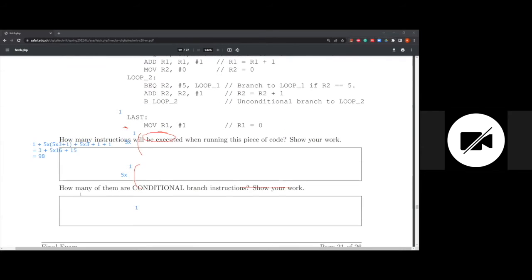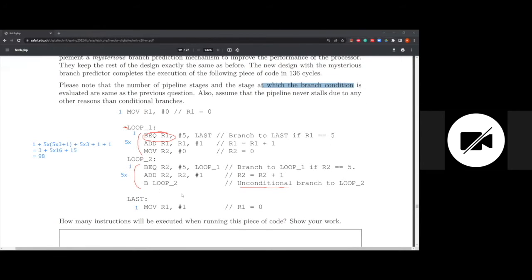If you scroll down to the second question, it says how many of the instructions are conditional branch instructions? Show your work. So calculating that is now much simpler because we know what the program does. Instead of counting all instructions, we will only count the branch equal instructions.